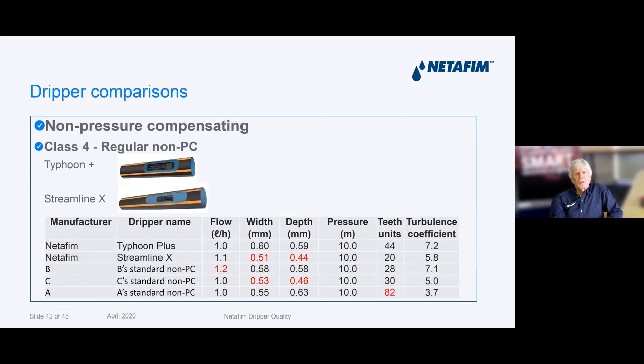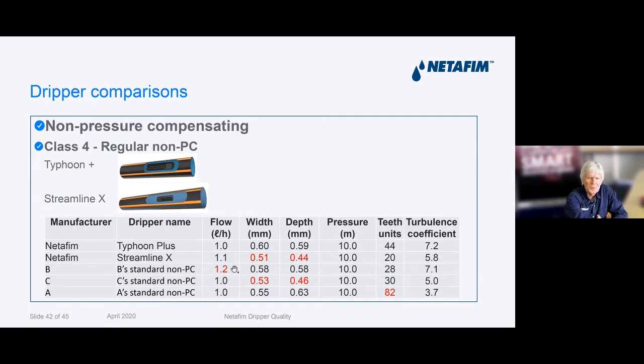And then I look at the non-PC, Typhoon, and Streamline X, where we have turbulence coefficients of 7.2 and 5.8 respectively. Now, company B, they've got quite a good dripper there. You can see it's got 7.1. But with these dimensions that they've got, again, we're increasing the flow up 20% to 1.2.